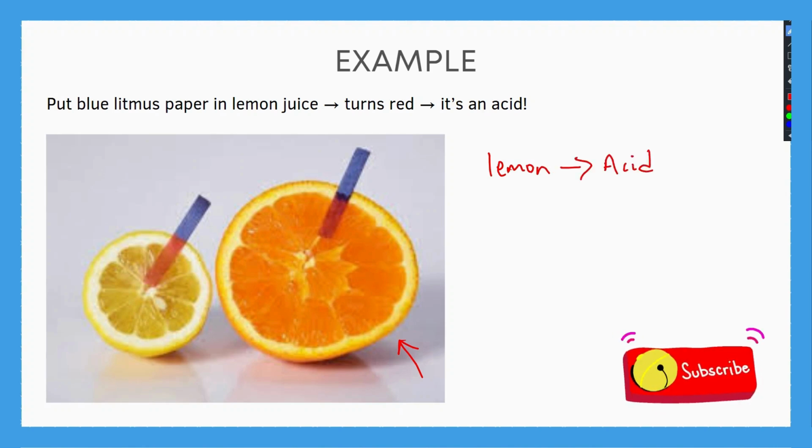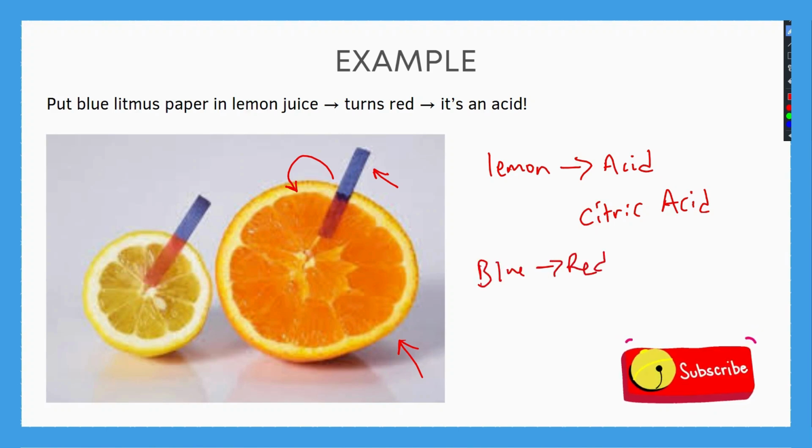That is why the acid contained in lemon is called citric acid. You can see a blue litmus paper over here being placed in a lemon fruit. It makes the blue litmus paper change from blue all the way to red. That is telling us that lemon is acidic in nature. It's an acid.